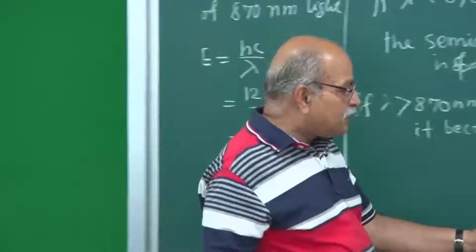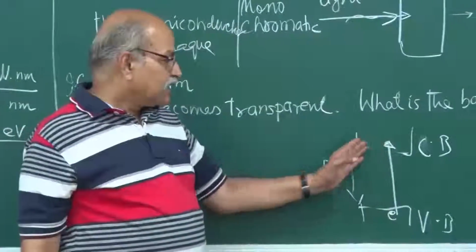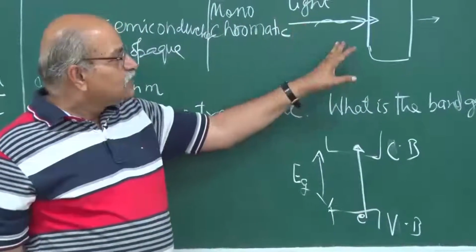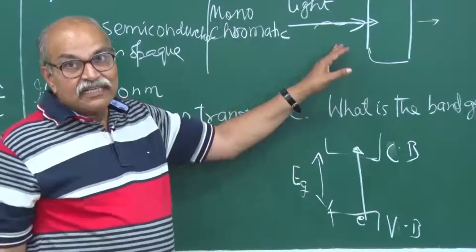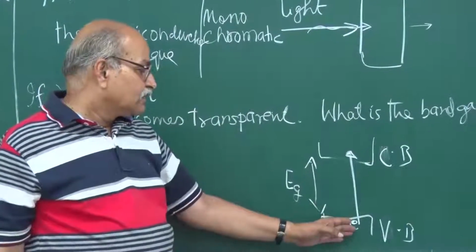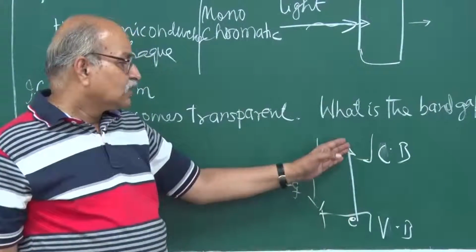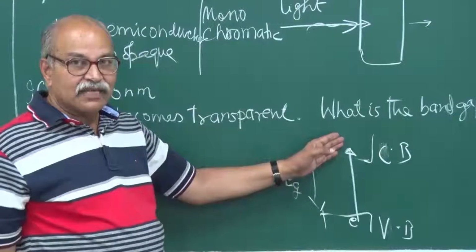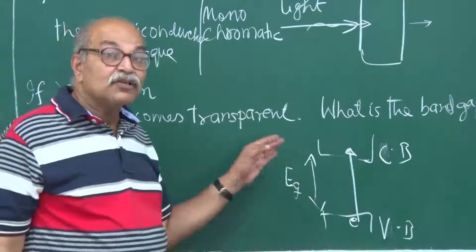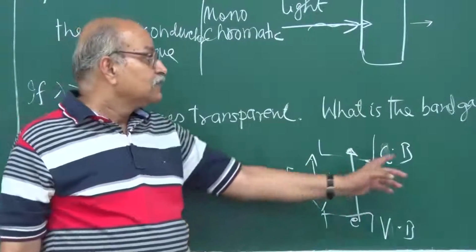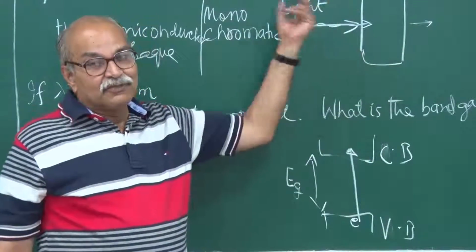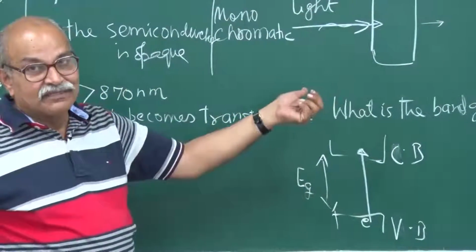So if the band gap is 1.42 eV and the photon energy is less than that, that photon cannot take this electron onto the conduction band, and therefore it will not be absorbed and will be transmitted through, and this will be transparent.